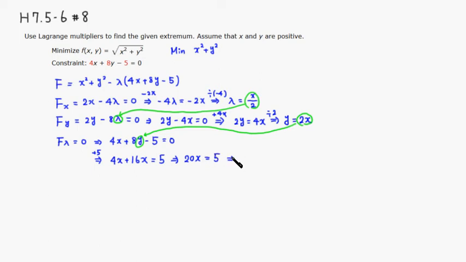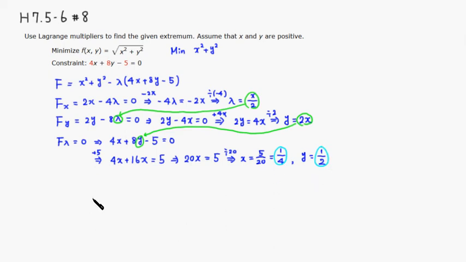Then we can divide through by 20 to get x equals 5 over 20, which is the same as 1/4. And y is twice as big as that, so y is going to be 1/4 times 2, so it's 1/2. So we found the x value to be 1/4 and the y value to be 1/2.